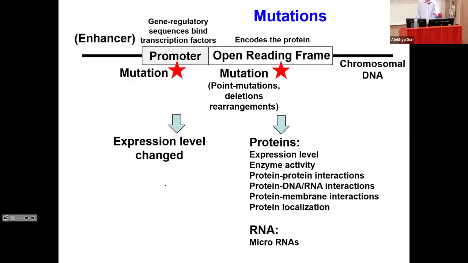If there are mutations in the open reading frame, we would see, for example, point mutations. Some proteins, for example, are phosphorylated to become active. This phosphorylation site could be mutated, so the protein is not activated. There could be portions deleted.